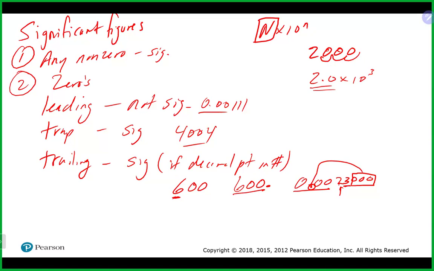Speaking of calculations, we also talked about how many significant figures we should end up with. There are two categories of calculations that we do. We typically will either multiply or divide.